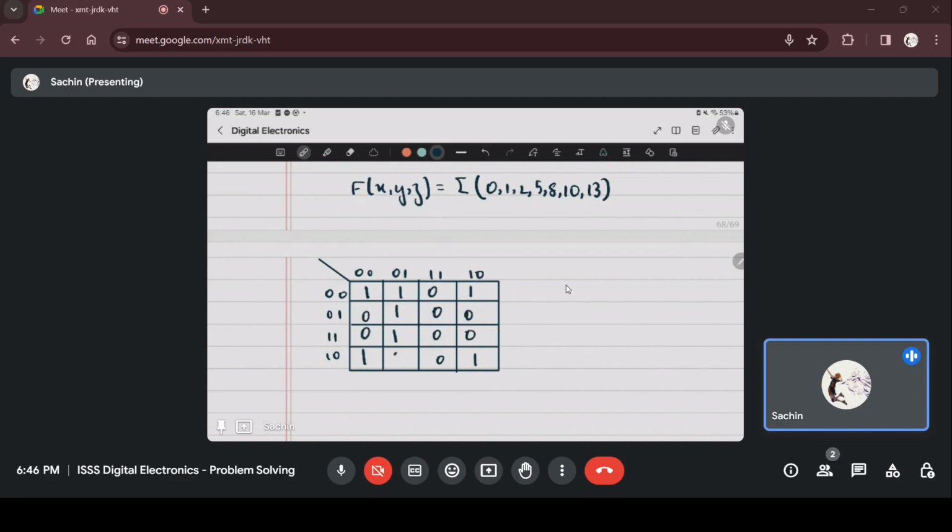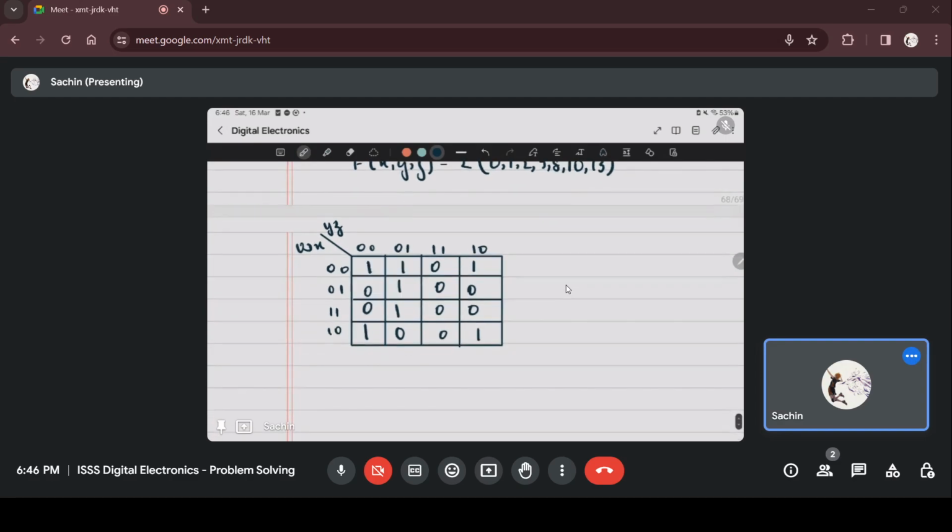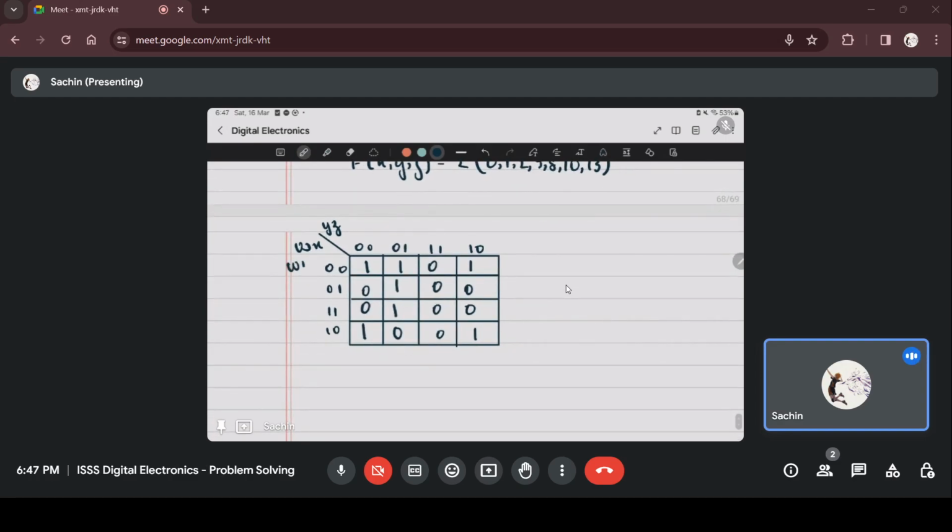If you want to get the product of sums expression from this, then you will have to group the zeros, and the maxterms will be, if you have wx here and yz here, then 0, 0 is how you're writing a product of sum expression. In the sum of products K-map, 0, 0 will be the term w prime x prime, but here it's the uncomplemented form, and instead of and you use or, so it's w plus x.